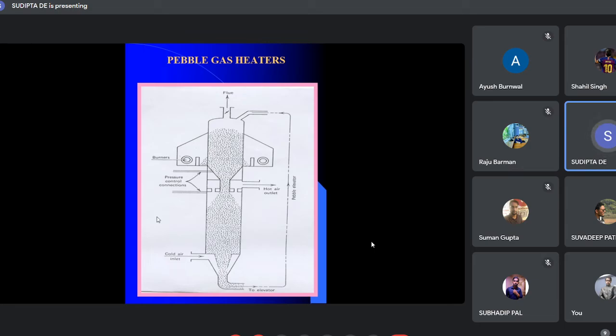Pressure control connections are used to create enough pressure difference to remove this choking.